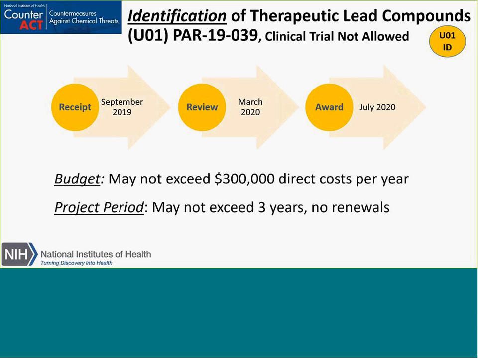Also, the budget may not exceed $300,000 in direct costs per year, and the project period may not exceed 3 years. So this is a 3-year grant. No renewals.